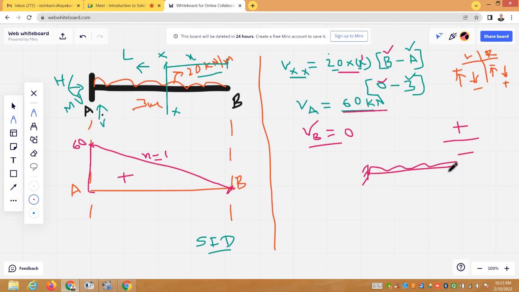You take this uniformly distributed load as say 25 kilonewtons per meter, and the span of the cantilever you assume as 5 meters, and you can try this example and plot the shear force diagram. For this you can practice.